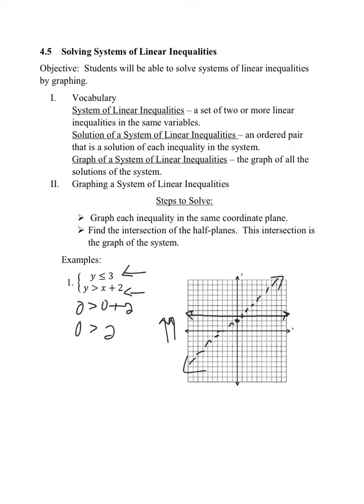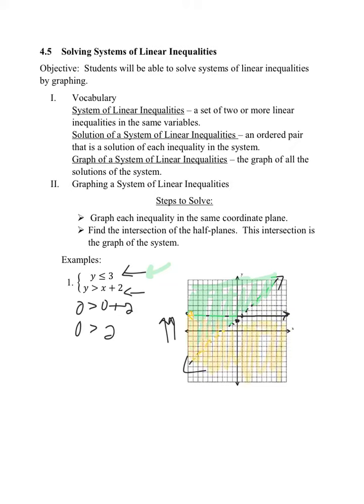Okay, so if we look at it like this, from this one, it's all this up in here, and then for this line here, it's everything below it, so it's all this.